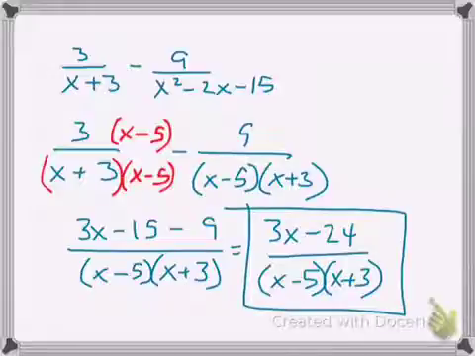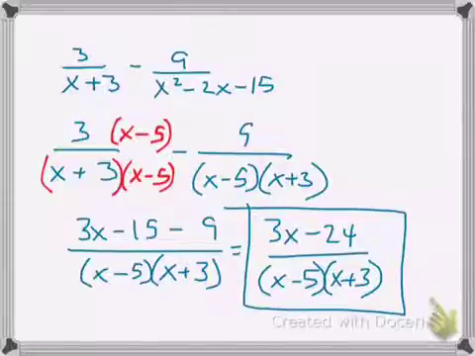Remember, factored is not simplified. Factored is in multiplied pieces. Simplified means it's been multiplied together. 3x minus 24 is simplified. 3 times x minus 8 is not. So leave the numerator multiplied together unless it can simplify.